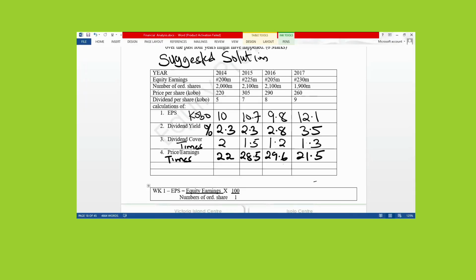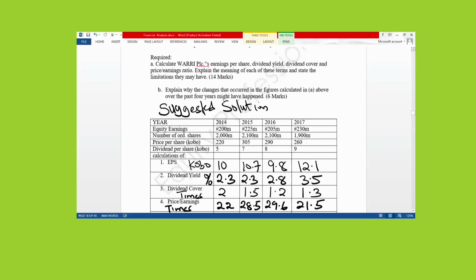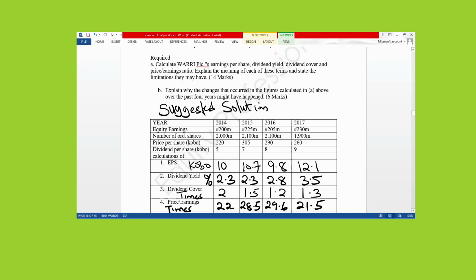Examiner says we should explain why changes that occur in the figures calculated in A above over the past 4 years might have happened.